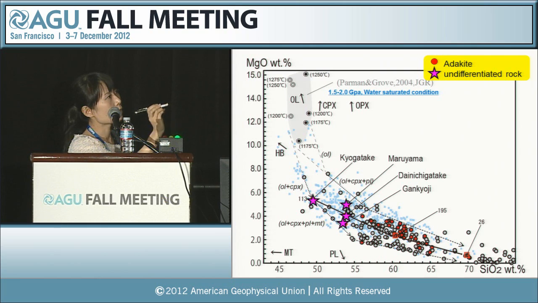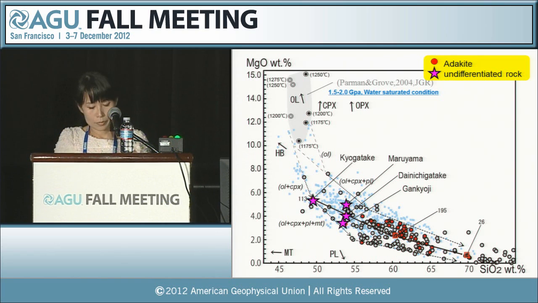Whereas primary magma is thought to be generated in the gray region, at 1.5 to 2.0 gigapascal with a water-saturated condition, below 1200 degrees C, as suggested by Furman and Grove 2004.